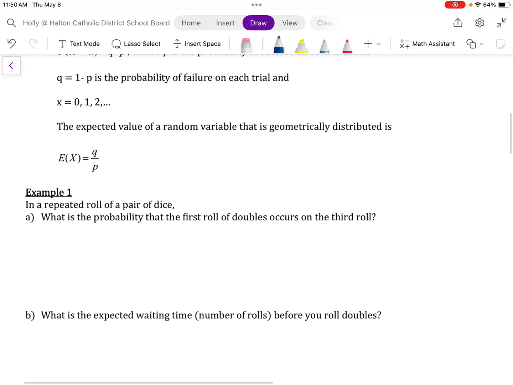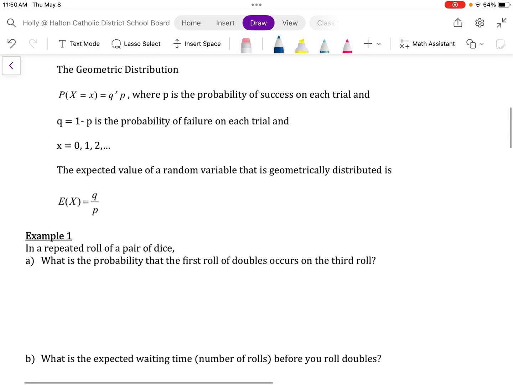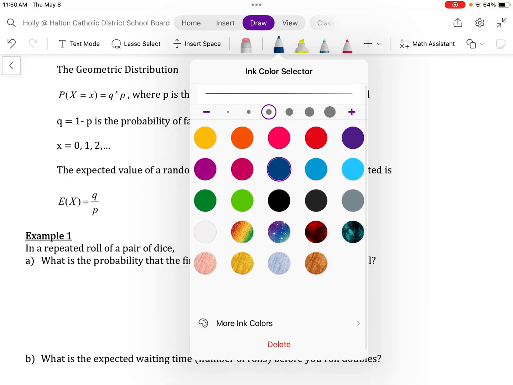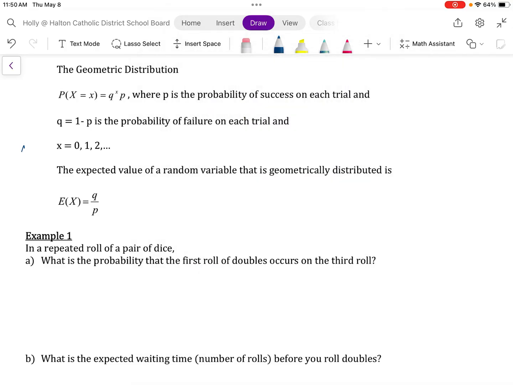So let's look at one more thing I want to mention here. Technically, x could be 0 waits, and I can get the success or my desired outcome on the first try. I can get it on the second try, and so on. You can technically go up to infinity here because, sadly, you may never reach that outcome that you want. And so all your trials can continue, and you don't reach the outcome you want.